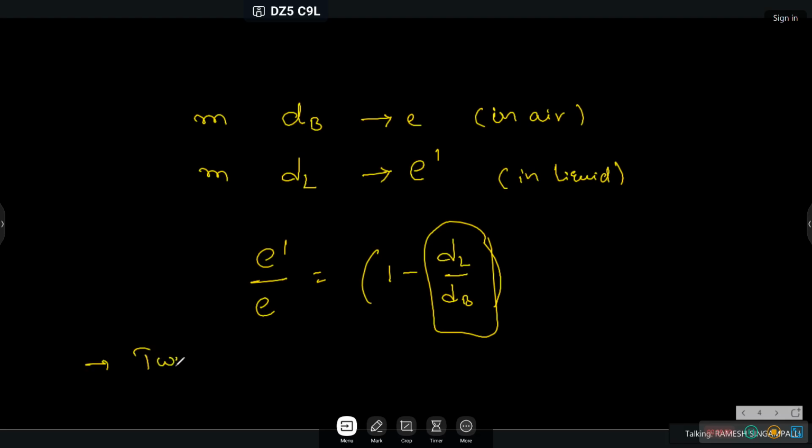Two wires of same length and same radius have Young's modulus y1 and y2, suspended by same force.